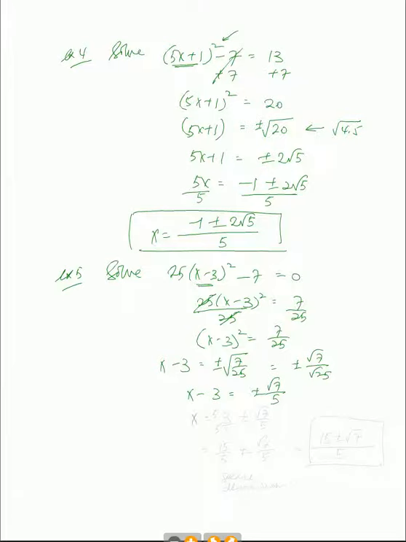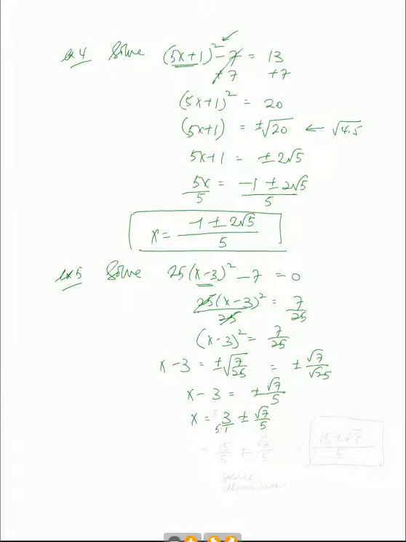Okay, so let's continue. I'm trying to get x alone, so it's going to be 3 plus or minus root 7 over 5. Now if you look at this problem, you notice that your answer is still in two pieces. We want our answer to have one single shared fraction bar. And in order to share one fraction bar, both pieces need the same denominator.